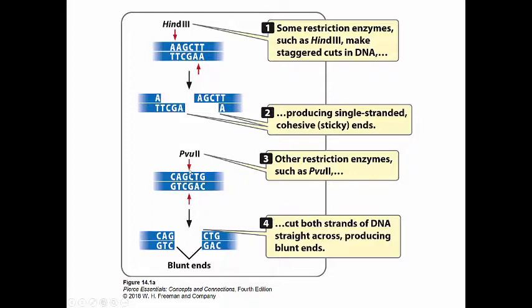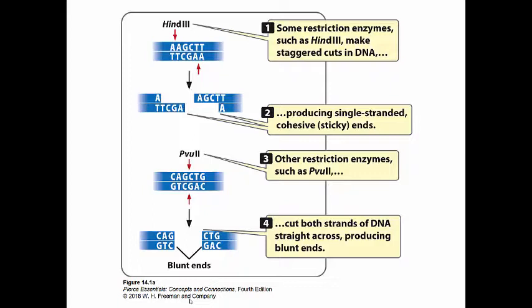Other restriction enzymes that make a blunt cut leave these blunt ends without any overhanging pieces. Although this might seem a little bit counterintuitive, the blunt-ended DNA is actually less stable than the sticky-ended DNA.